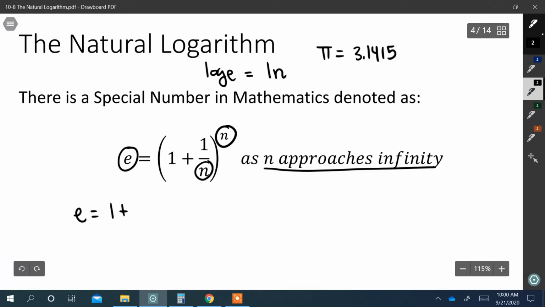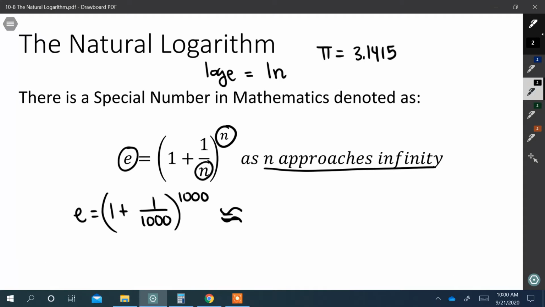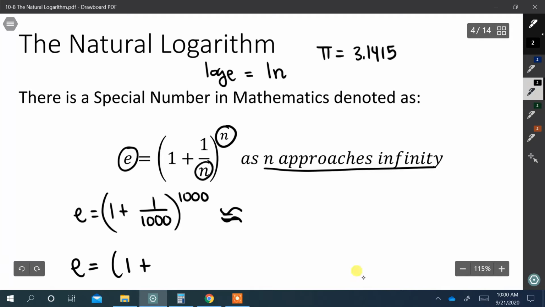So for example, I could put 1 plus 1 over 1000, to the 1000. This is going to give me an approximation of the number. Now, I can make that n bigger, and that's going to give me a much better approximation of the natural number.